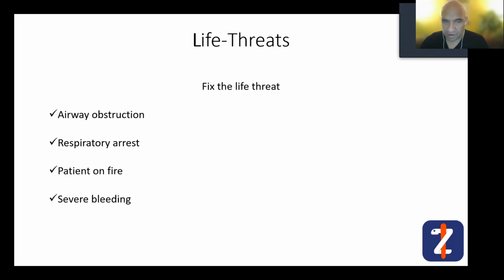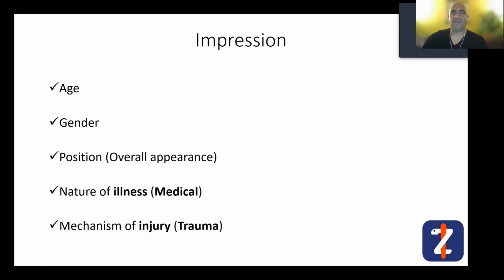There is a severe bleed: stop the bleeding. These are things where we stop everything, assess it, and then fix it. Cardiac arrest: that's where we start our compressions and ventilations, then get the AED, automated external defibrillator. All right, L, life threats.